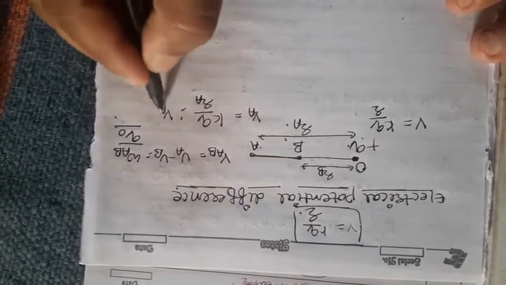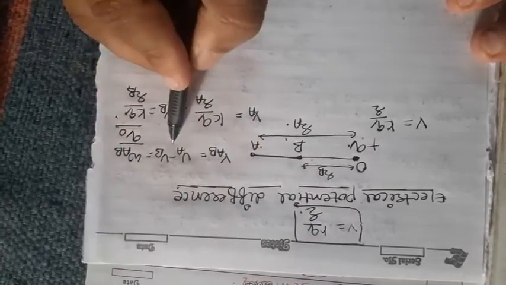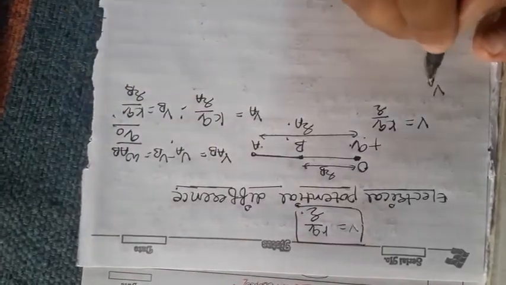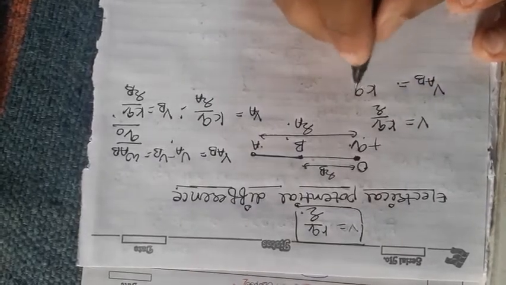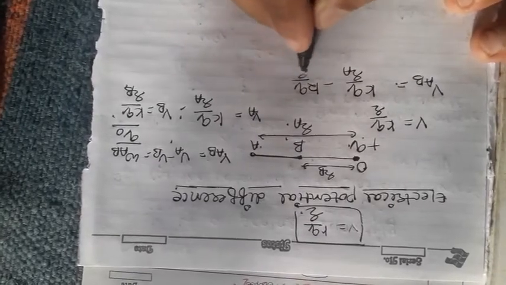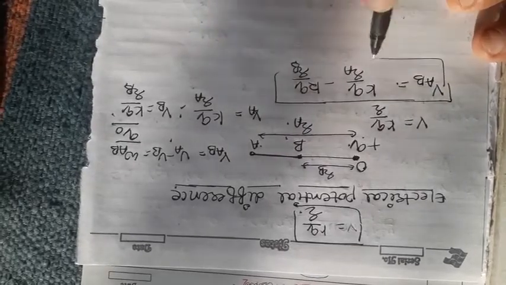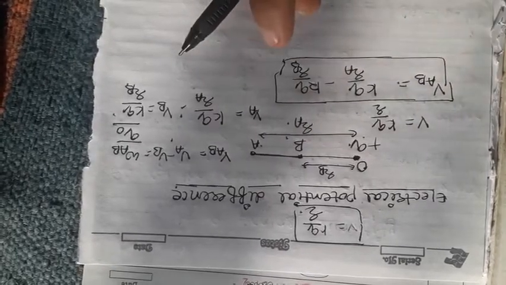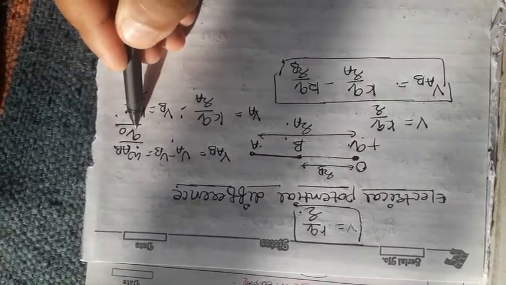Similarly, VB will be KQ by RB. If you substitute in this, you get the potential difference between A and B is equal to KQ upon RA minus KQ upon RB. So it is simply the difference of potential, or it may be defined as work done moving from A to B divided by the test charge.